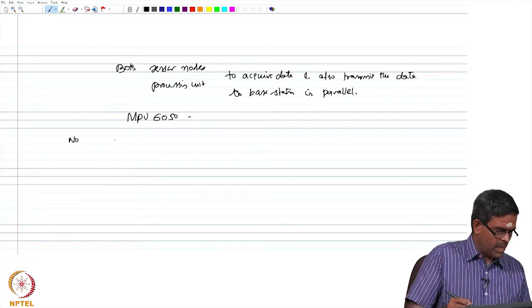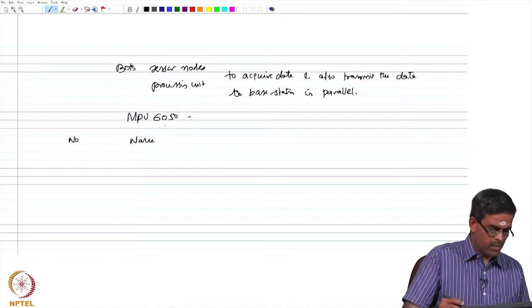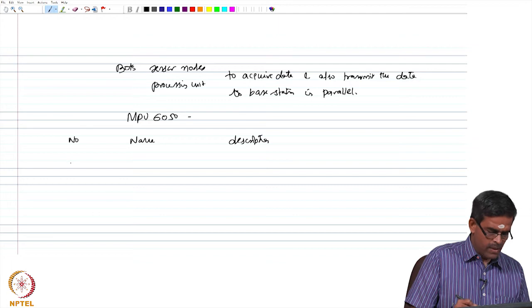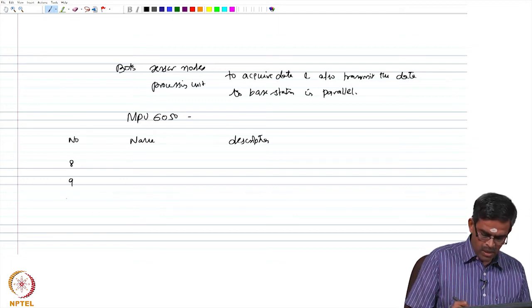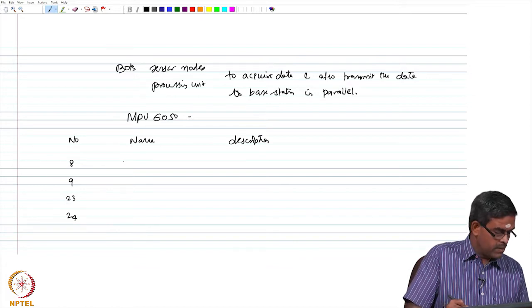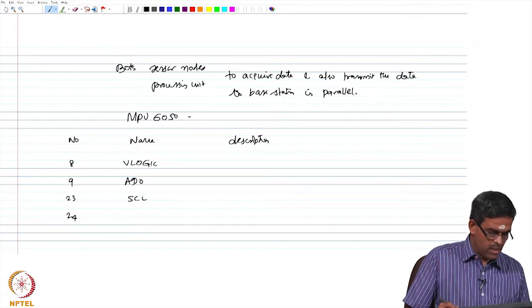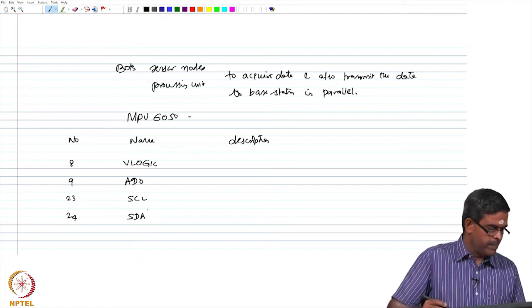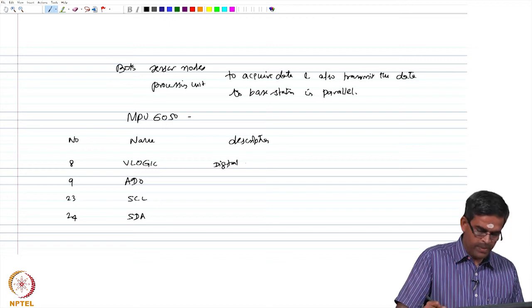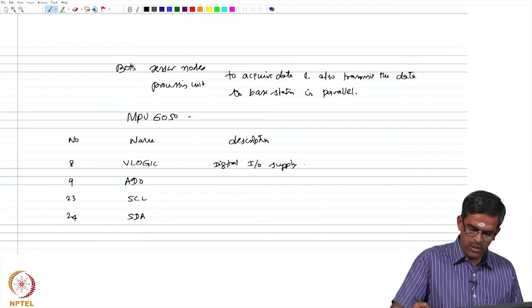So, there are many pins available. Let us see the name, number and the description of the pin which is being used in the present study, for 8, 9, 23 and 24. The names are V logic, AD0, SCL and SDA. The description could be, this is a digital input output supply voltage.